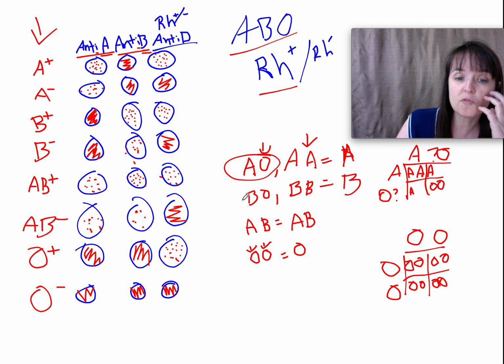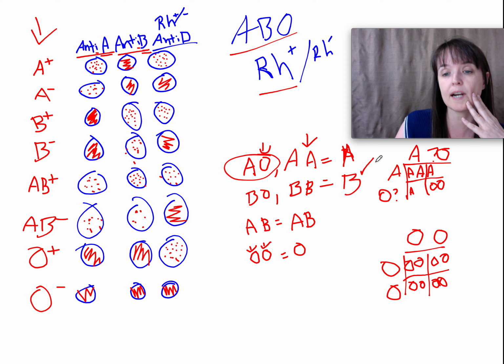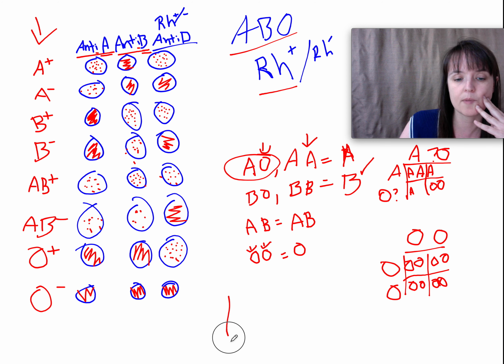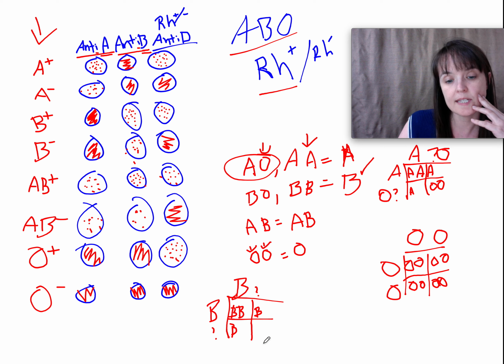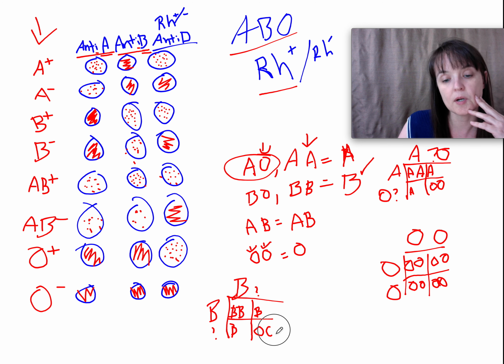So is it possible for 2 type B parents to have a type O kid? Type B, question mark, type B, question mark. And we know that these 2 kids will have a type B because of mama, and these 2 kids will have a type B because of papa. So is it possible to have a type O kid?